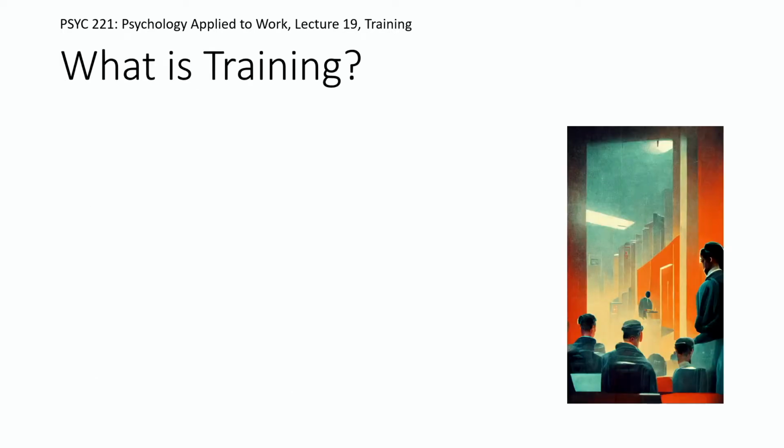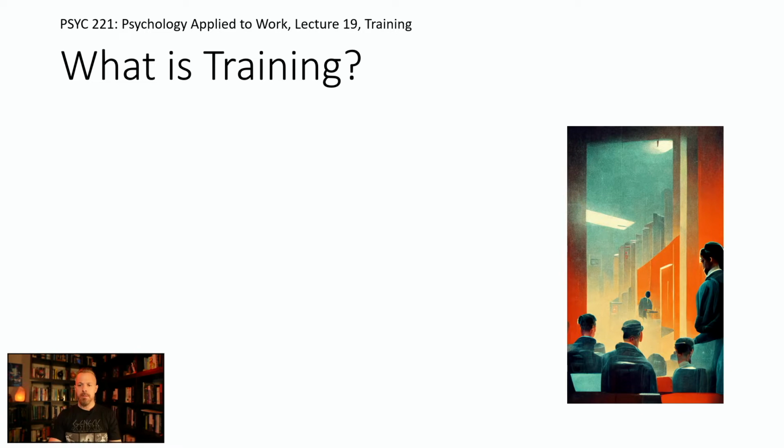All right, so what is training? Training is pretty straightforward. We kind of know what training is. It's the education for the skills you need for the job. Skills isn't just skills from KSAOs, though it certainly would include that, but it can be the how or the what. It can be the task-specific things: here is how you do this exact job.